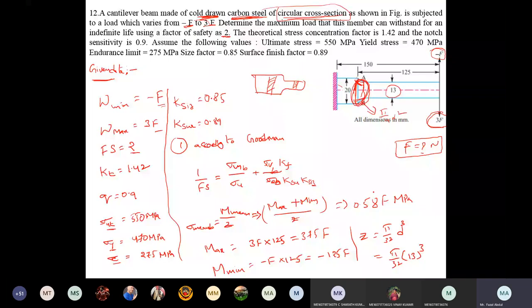Now calculate similarly for the variable stress. Section modulus the same. Sir, 1.15F. Very good, 1.15F.